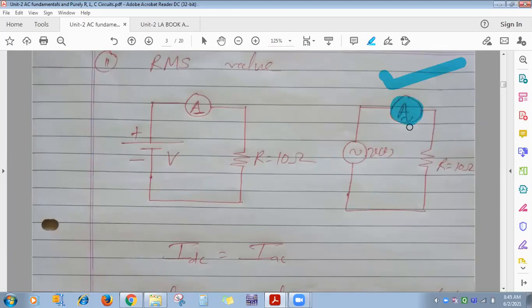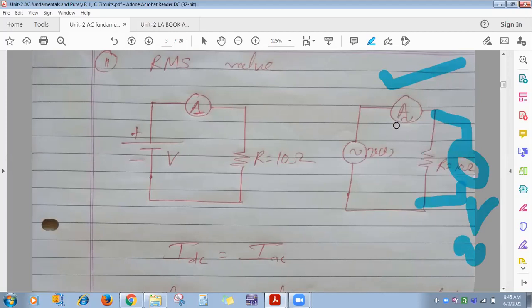So I have connected an AC ammeter here. Ammeters we always connect in series and voltmeters in parallel, and one resistance is there. Suppose one voltmeter I also connect across this resistance. All of you know we always connect ammeters in series and voltmeters in parallel.